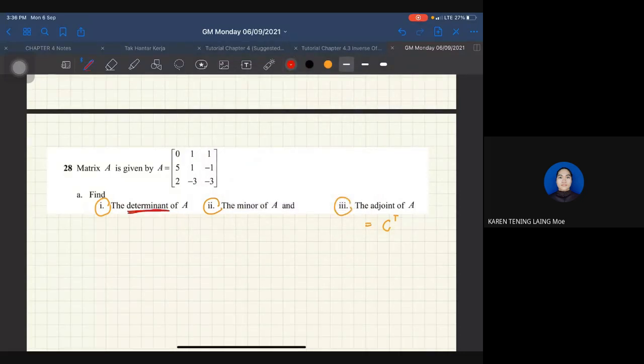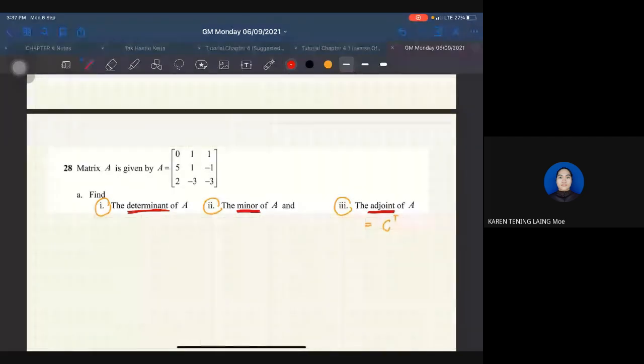Okay, and then find minor. So minor, kalau minor beza dia dengan cofactor cuma minor awak tak perlu includekan the sign. Okay, so maksudnya just find the determinant untuk setiap elemen yang ada, and then baru dekat adjoint baru awak letak the positive and negative sign, lepas tu baru awak transposekan dia.